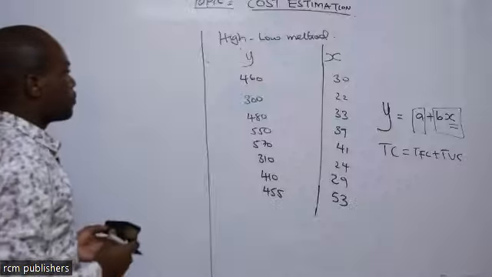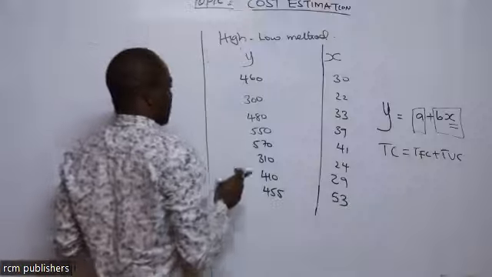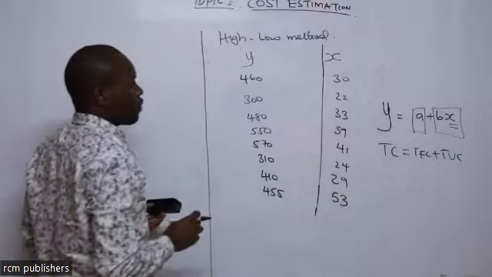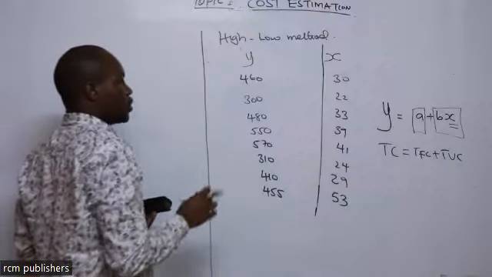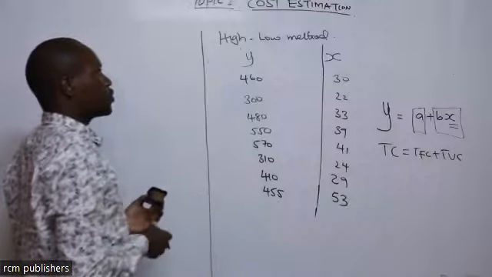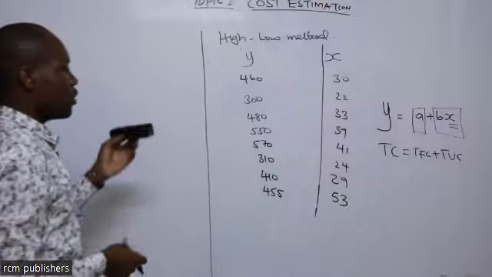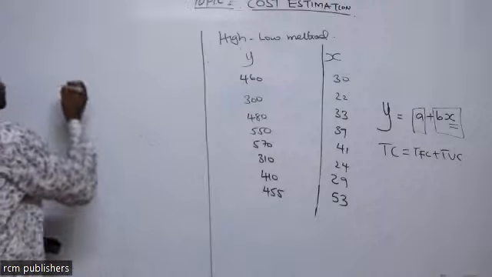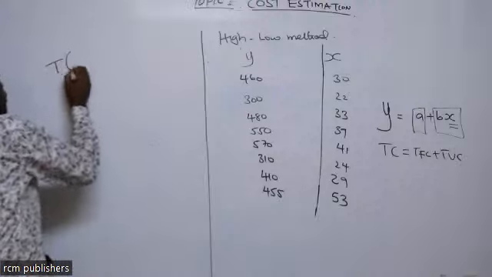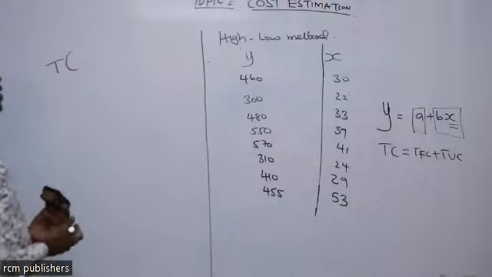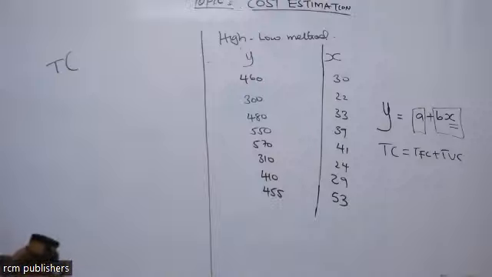For example, if I want to get the combination of the highest value, which one are we going to pick? Because we are going to apply the high-low method. So let's have the first coordinate. The first coordinate should be of the highest value. Can someone tell us the combination?